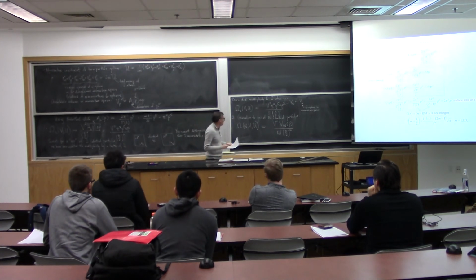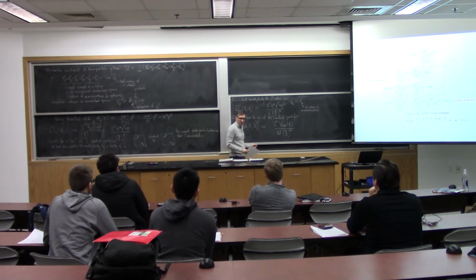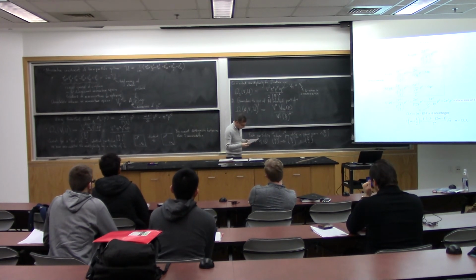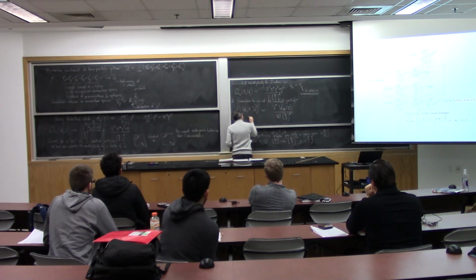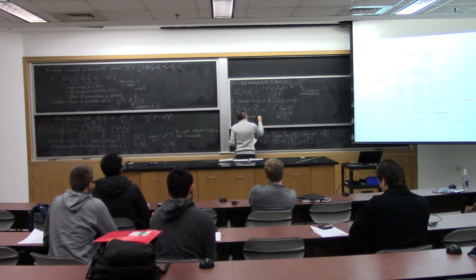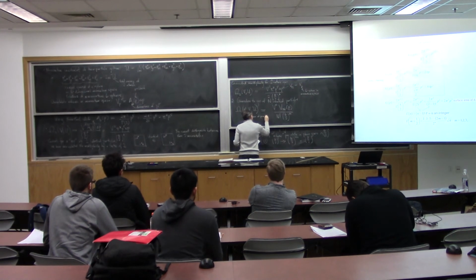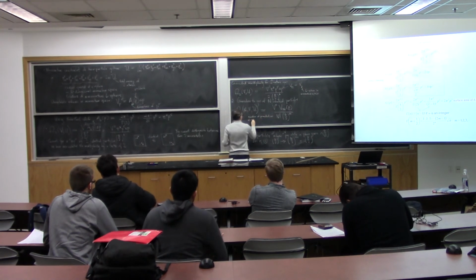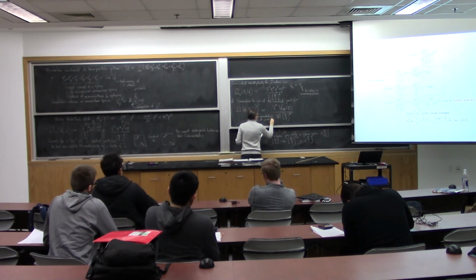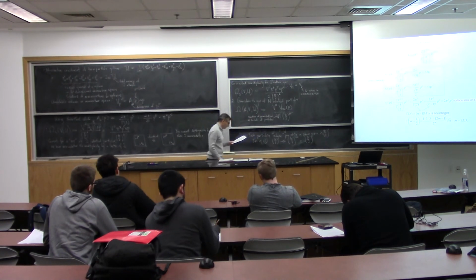So you have to divide by an n factorial. And that's the number of permutations of the labels of the particles. That's what the n factorial is.